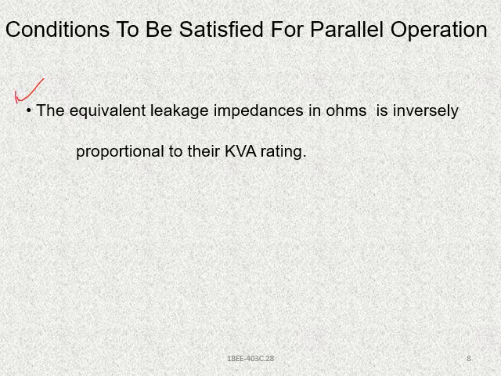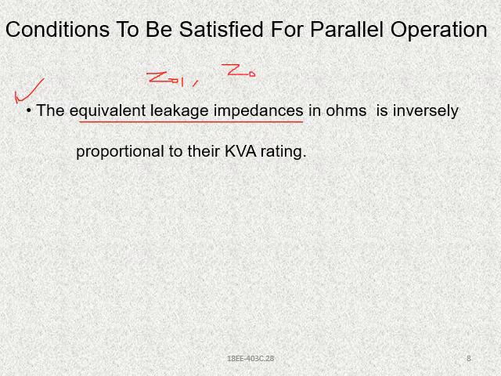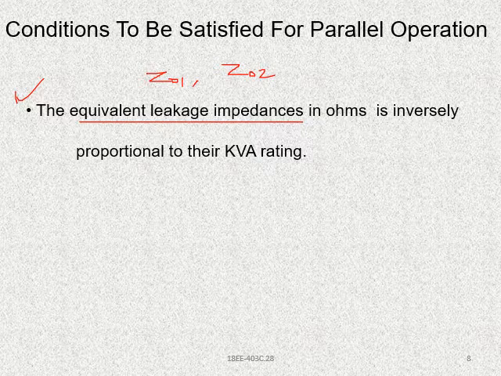Previously we have seen four points, and there is a last point over here: the equivalent leakage impedances, like Z01 is the equivalent impedance referred to primary, Z02 the equivalent impedance referred to secondary. So the equivalent leakage impedances in ohms is inversely proportional to their kVA rating.